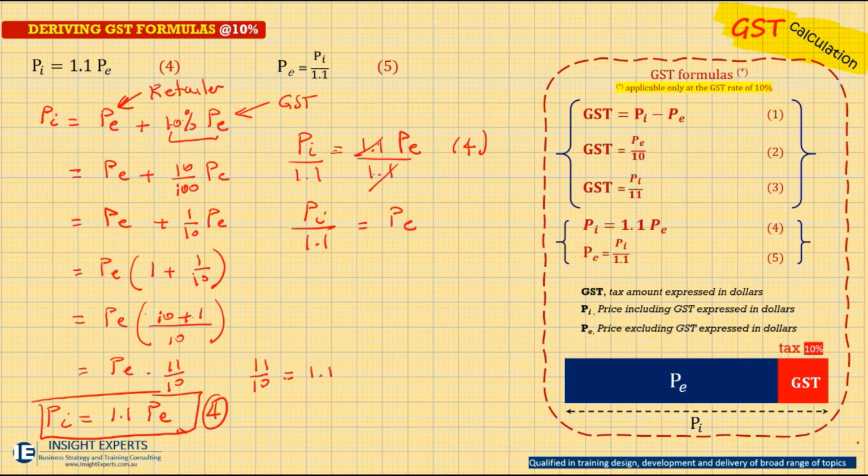Now you can flip the equation: PE equals PI over 1.1. And that is equation number 5. So once you prove equation number 4, then equation number 5 is straightforward.